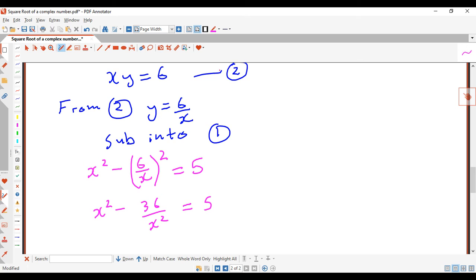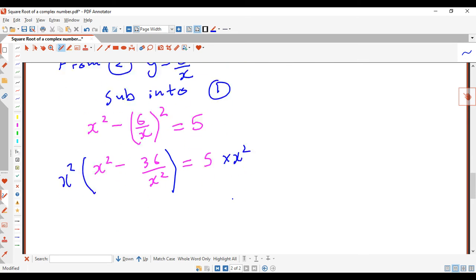Okay, now from this point on, I want to get rid of the denominator so I can solve the equation. So I'm just going to multiply both sides of the equation by x squared.